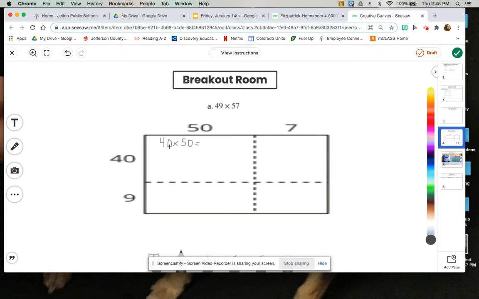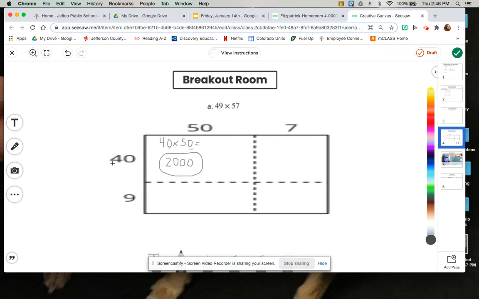So 4 times 5 is 20, so you're going to bring down 20 here. And then there are 2 placeholders here that we're going to bring back, so 2 of those zeros. And so our partial product is 2,000, and we're going to circle it because it's not complete whole, okay?